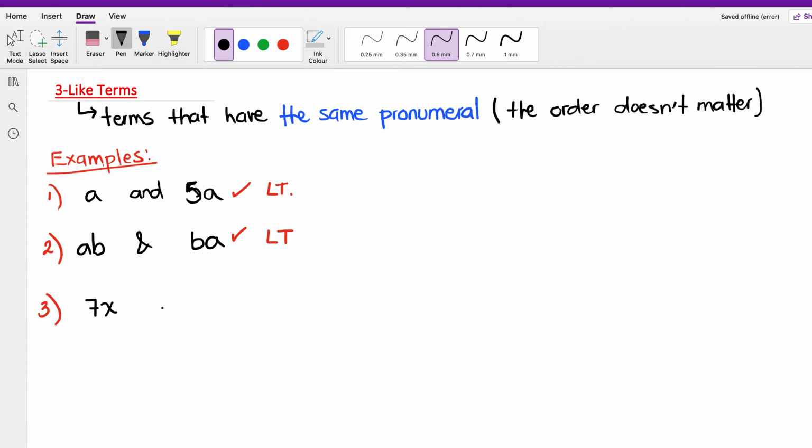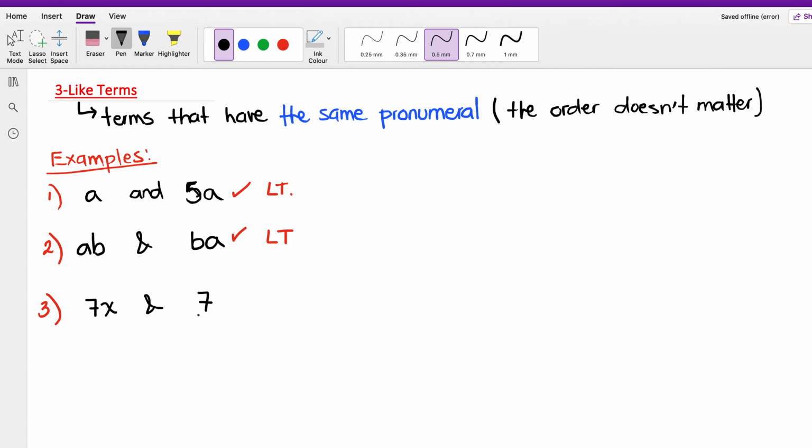7x and 7. Okay, what is the pronumeral in the first one? X, agree? 7 is the coefficient, agree? Now, what is the pronumeral on the second term? Do I have a pronumeral? No, actually, this term is a constant because it doesn't have a pronumeral.